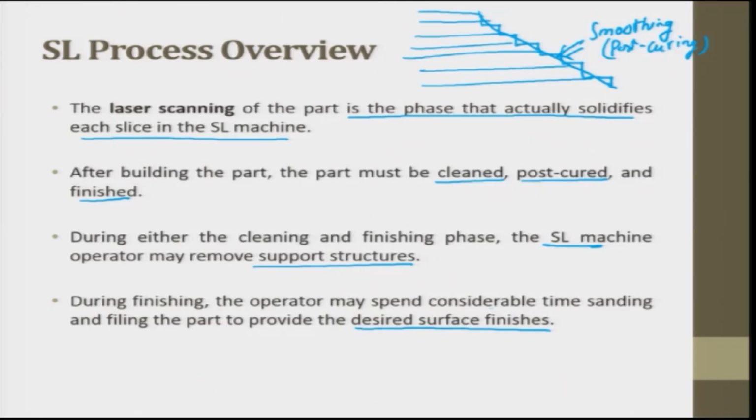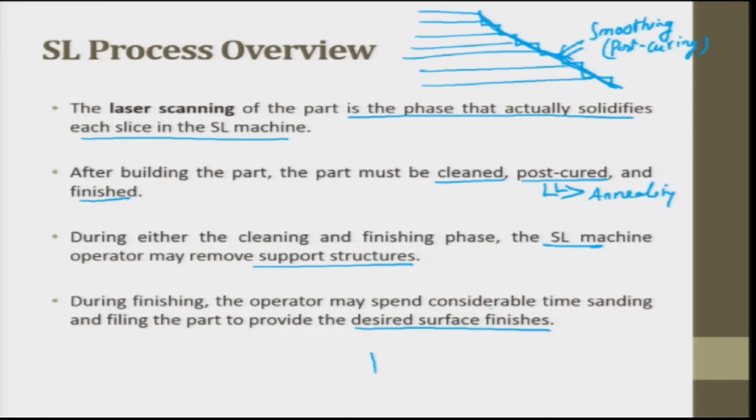So, this is what I said, smoothing can happen by doing this, that is basically finishing the surface, or if you want you can even post cure. Post cure is nothing but we do annealing or maintaining the polymer.